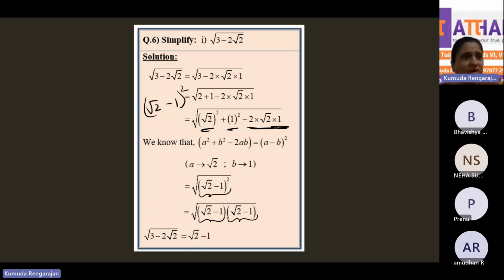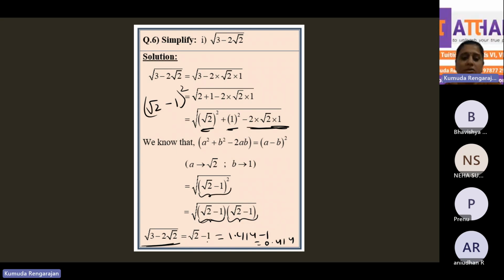Whole square meaning same thing multiplied with itself 2 times. So now from the square root, one of it will come out. So the value of this expression is root 2 minus 1. You can further write it if you want. If in multiple choice questions you're given some numbers, then you will have to simplify this. Root 2 is 1.414, minus 1, which is 0.414.